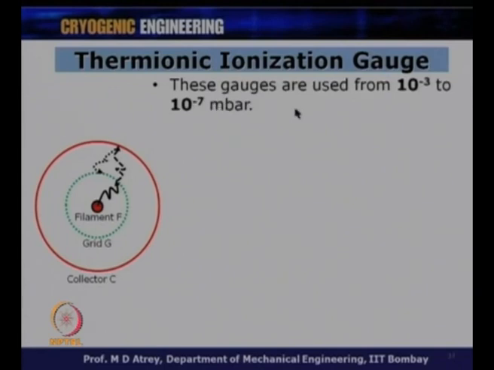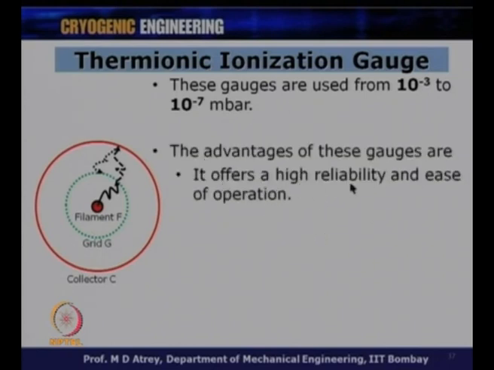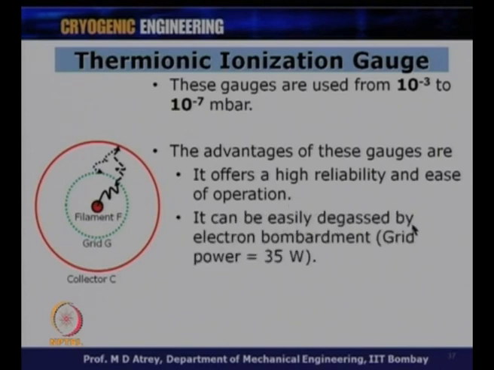These thermionic ionization gauges are used from 10 to the power minus 3 to 10 to the power minus 7 millibar. The advantages of these gauges are high reliability and ease of operation. Very simple. It can be easily degassed by electron bombardment. The gas is going to come and get stored on this, and this gas can be taken care of. You can just remove this gas so that it is ready for the next bombardment, by applying a power of 35 watts, hitting it, and the gas will be released.